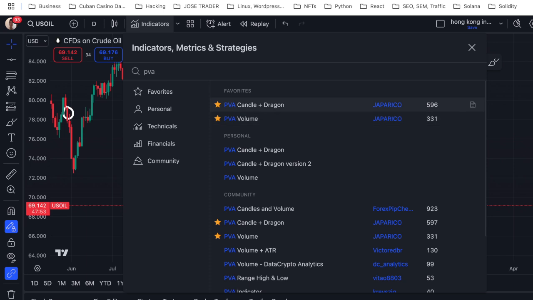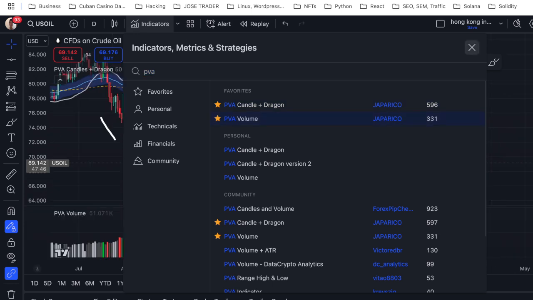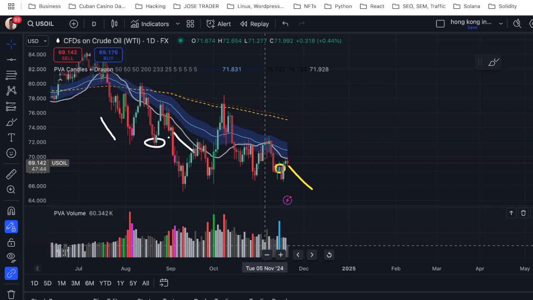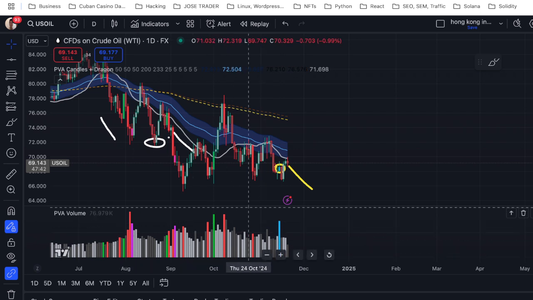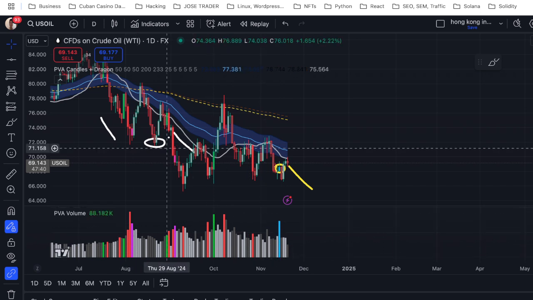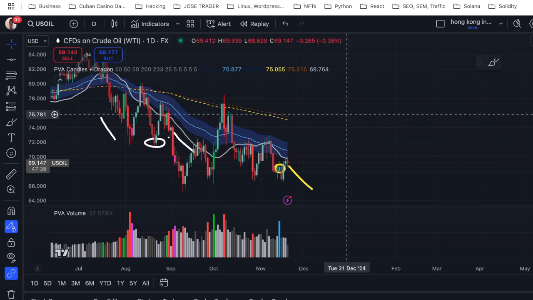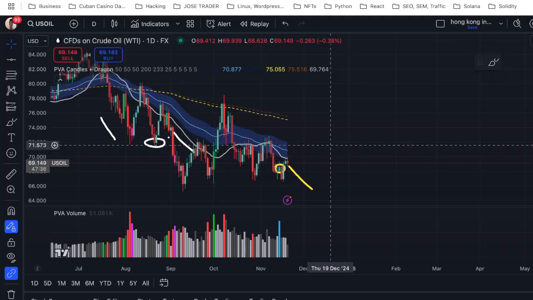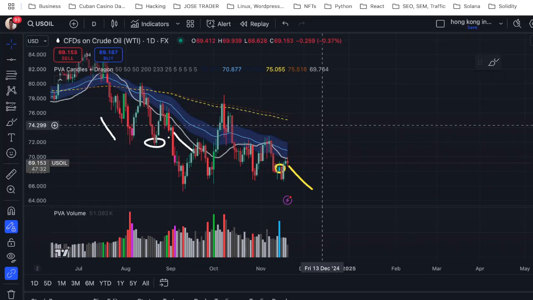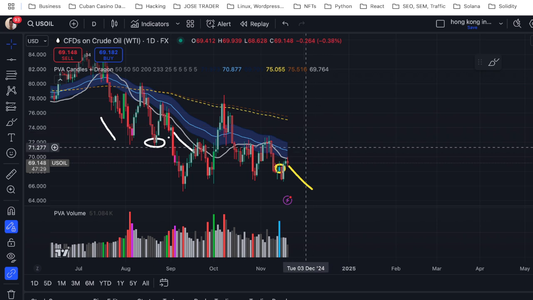So first of all, you tap here once, and you tap here once, and voila, you get the PVA volume window on the bottom, and you also get the PVA candles plus Dragon on the price chart. Once you have done that, what do I mean about support and resistance levels?